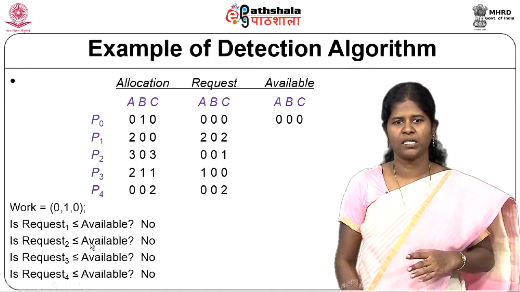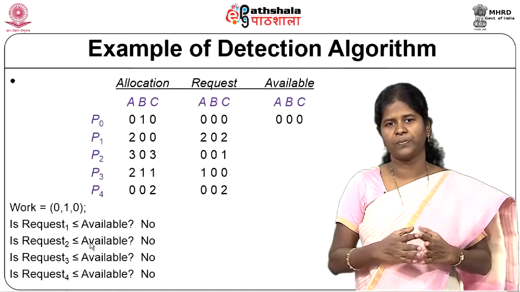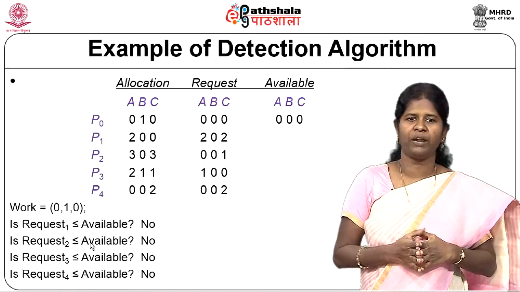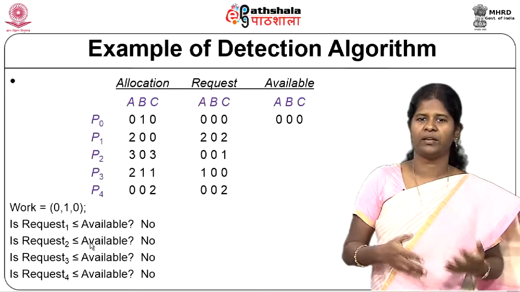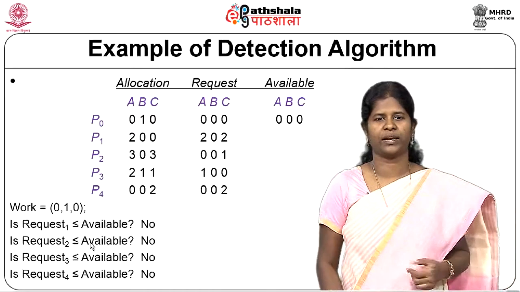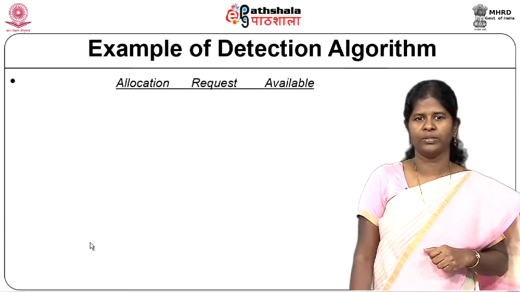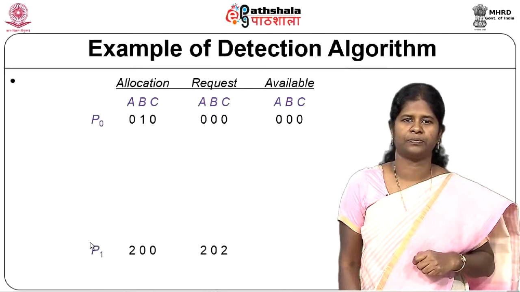So, we see that the processes P1, P2, P3 and P4 are all waiting to get some resources, but the request cannot be satisfied with what is currently available. So, there is a deadlock in the system.